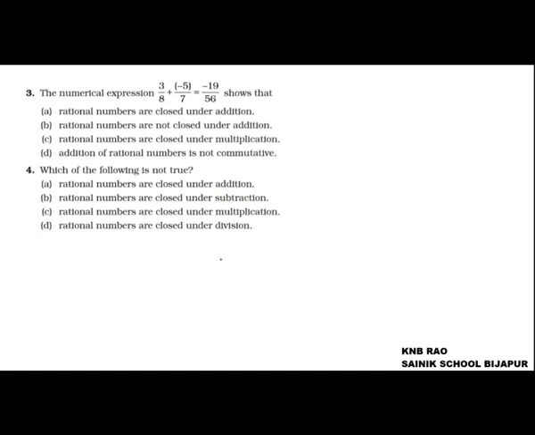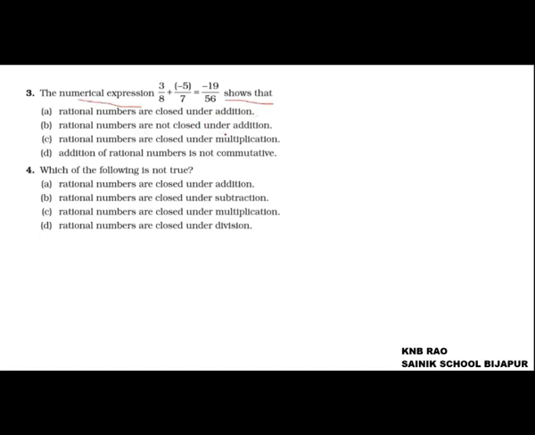Next, question number 3. The numerical expression 3 by 8 added to minus 5 by 7 is minus 19 by 56. This shows which property? Here they gave you options A, B, C, D. First option is rational numbers are closed under addition.